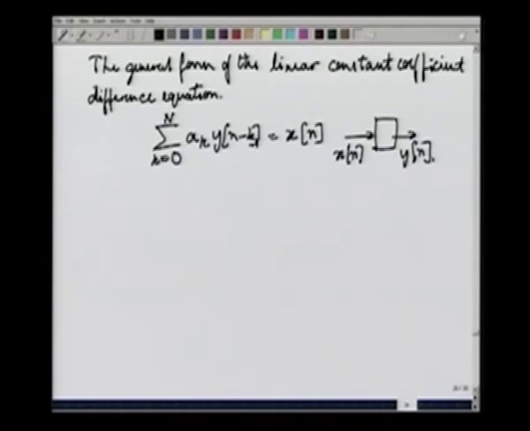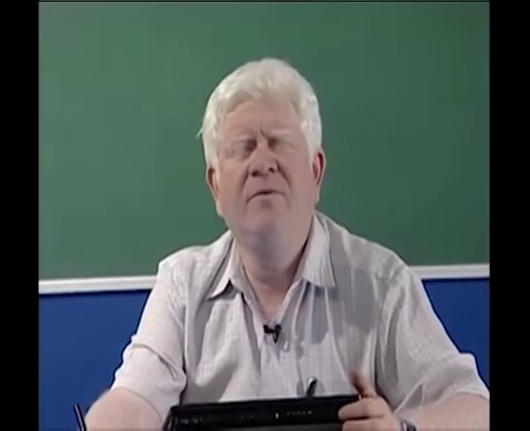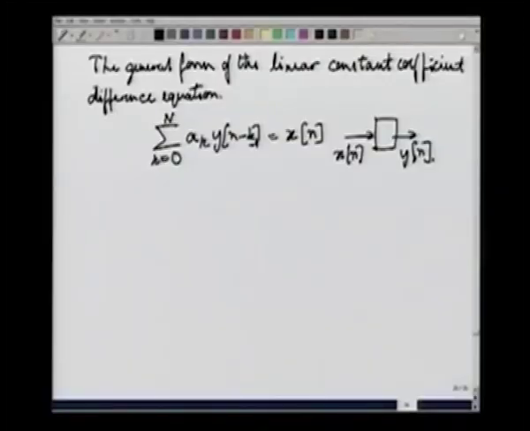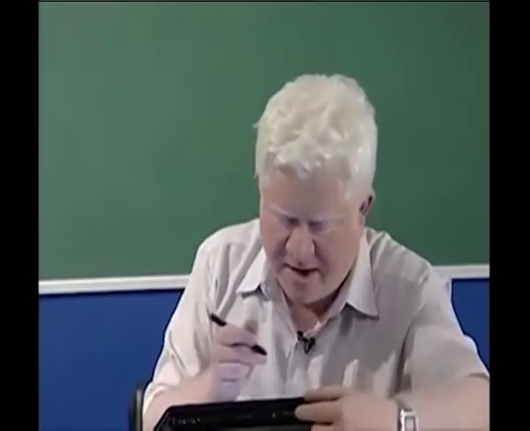Before we proceed further, let us try to understand how these y n minus k, which are shifted versions of y n, shifted by different values of k, and scaling each of them by a k and adding them up, resemble the earlier differential equation that we had.